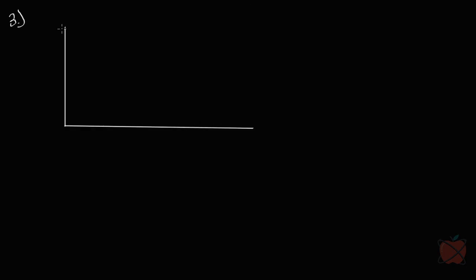Let's go some more. Let's say I have this kind of a graph. Example 3. This is the x-t, position time graph, and let's say something like this, and then like this, then this will go down, and then it'll go up. Yeah, something like that.